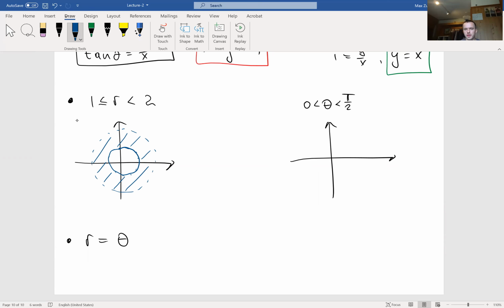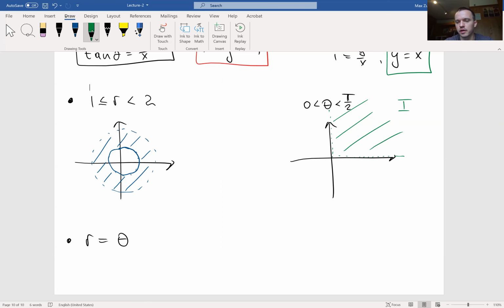Okay. For the second region, the same idea. Right now I have theta can change between 0 and pi over 2. So my points are going to be between these two rays, the green one, and r can be anything. This one is interesting. If we allow r to be anything, then we're going to have the first quadrant, yes.